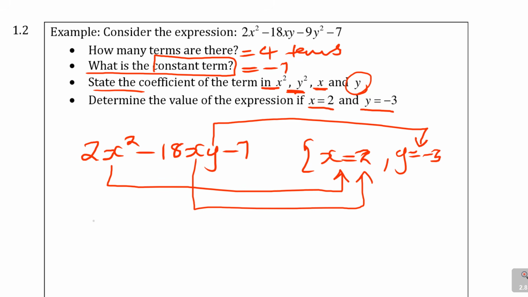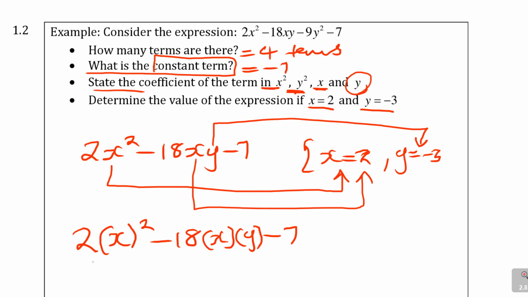So this is how you write it. You're going to say 2, then where you see x, you now do it like this. You say x squared minus 18. Where you see x, put a bracket and say x, and where you see y, put a bracket and say y. Those are different variables. Minus 7. Then you can now substitute.